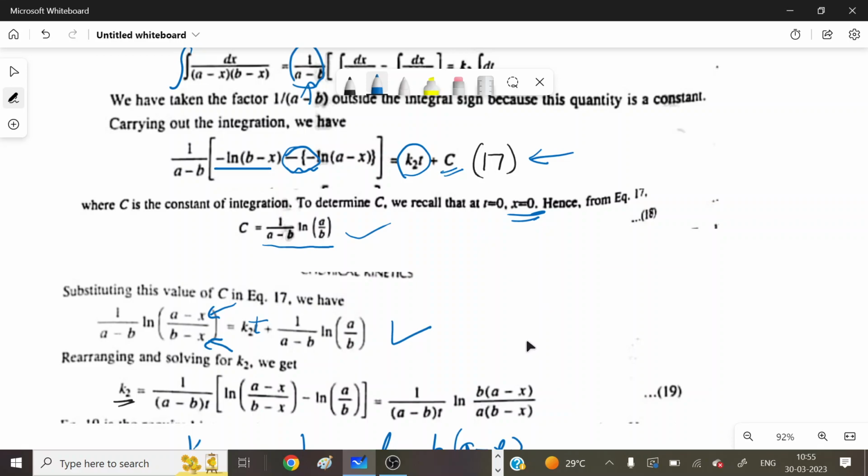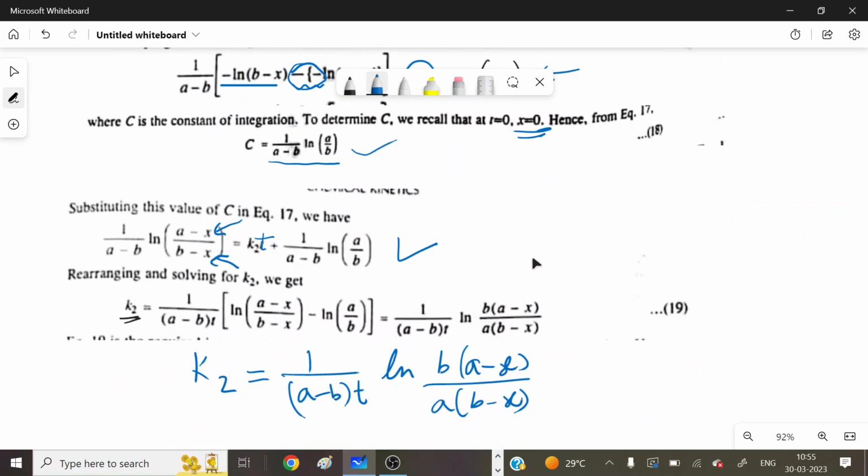Now you have to rearrange the equation, bring the concentration terms on the left hand side. Remember that 1 upon (a minus b) is common, so it is out of the square bracket. Move this t here.